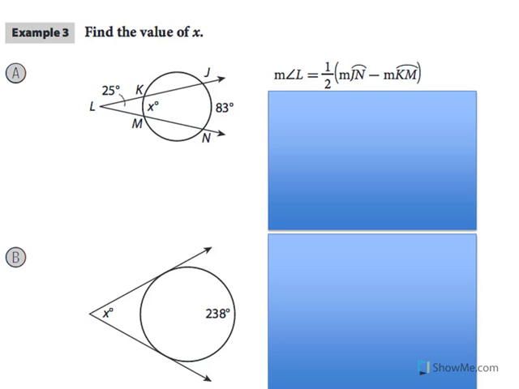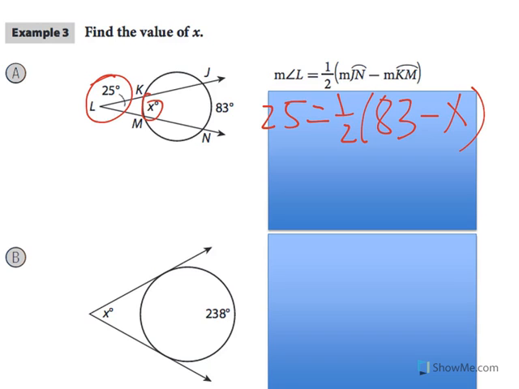Right, so let's go through this example. Example 1, we're solving for x. Here we have angle L is 25, and we need to solve for x. So 25 equals 1/2 of 83 minus x. Bring the half over, so 50 equals 83 minus x.